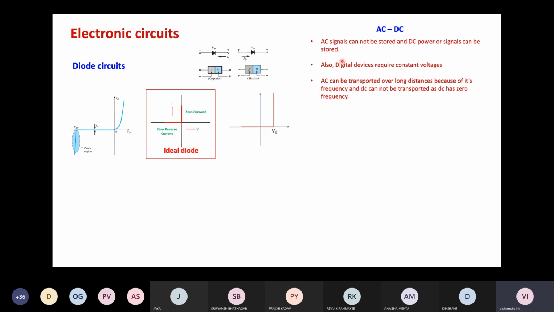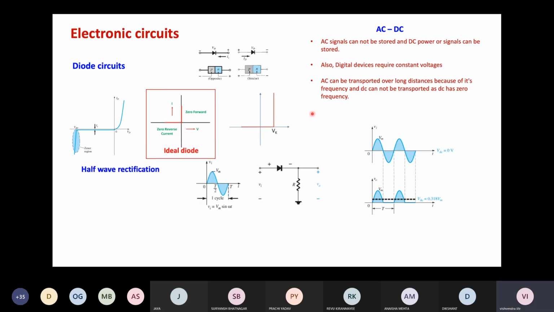AC is generally the choice and is transported over long distances, but many electronic appliances work on DC, direct current, so we need this kind of conversion at many places. And the diode is one of the prime devices used to do that.